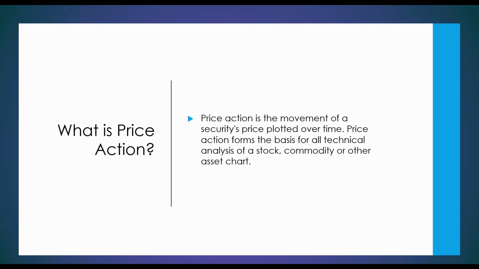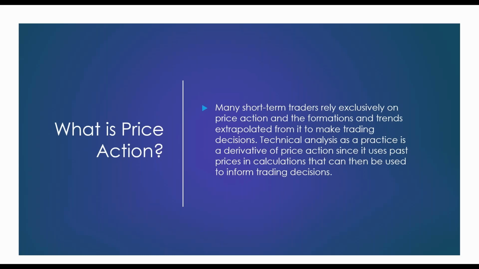Price action forms the basis of all technical analysis of a stock, commodity, or other asset. Many short-term traders rely exclusively on price action and the formations and trends extrapolated from it to make trading decisions. Technical analysis as a practice is a derivative of price action since it uses past prices in calculation.